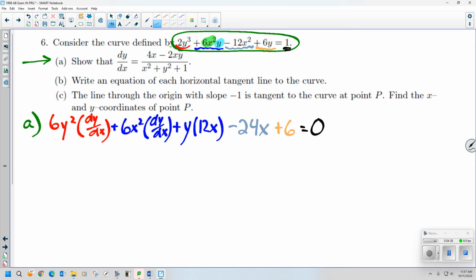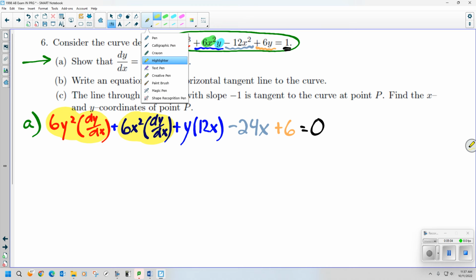Now the whole point here is I want to keep any term that has dy dx next to it on the left side, and get everything else to the right side. Yeah, we good?